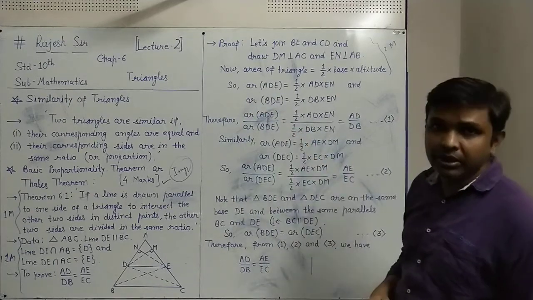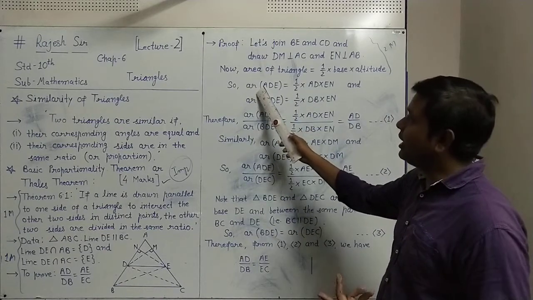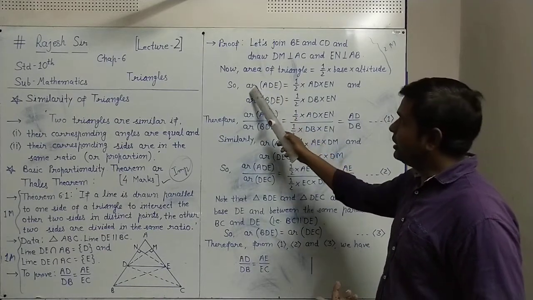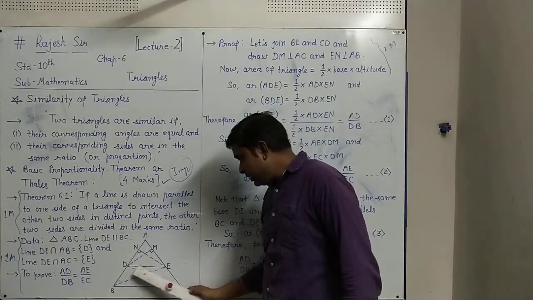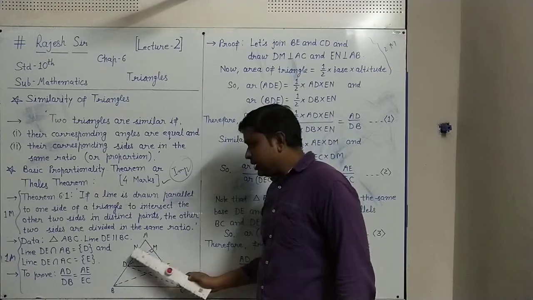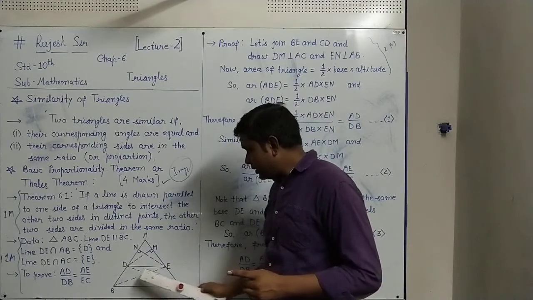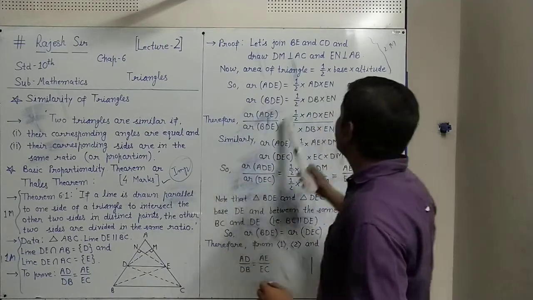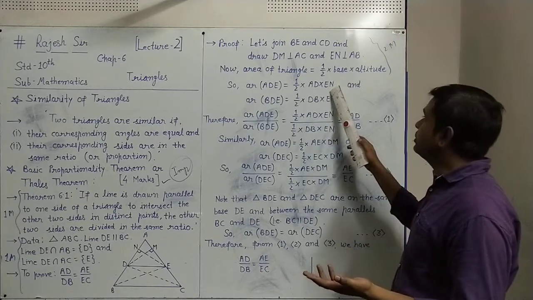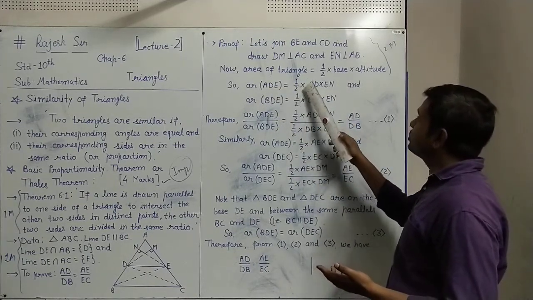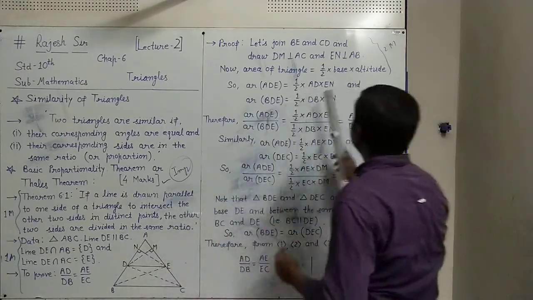In 9th standard we have seen it can be denoted as ar(ADE), where ar means area and ADE means triangle ADE. In the figure, considering AD as base, the altitude is EN. So area of triangle ADE is equal to half into AD into EN.